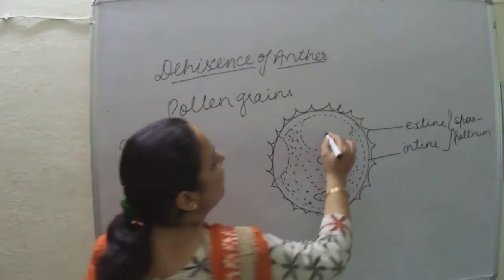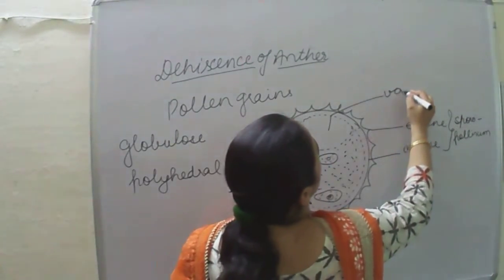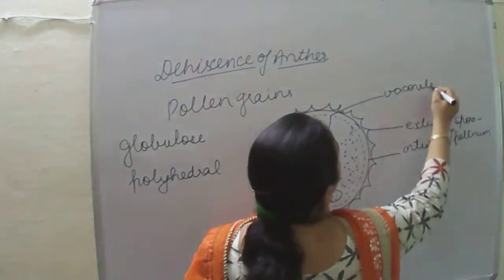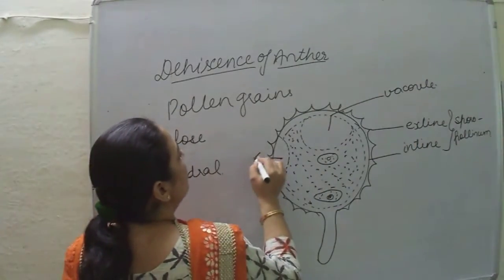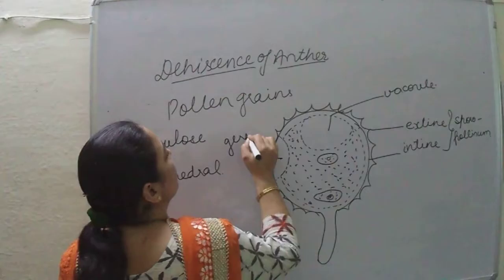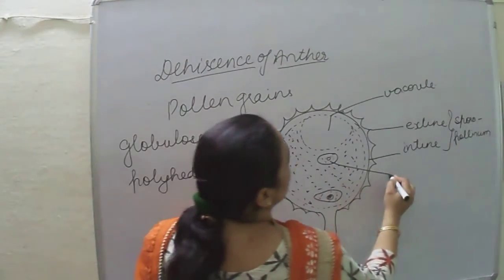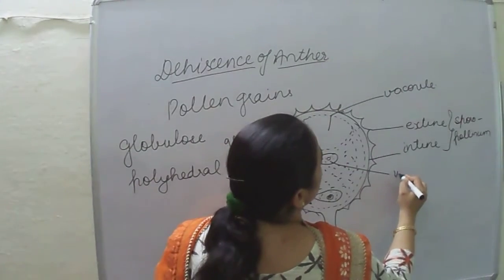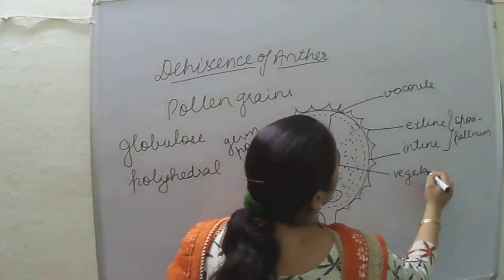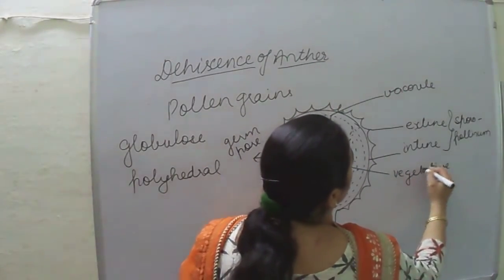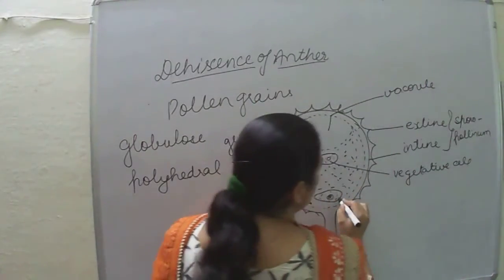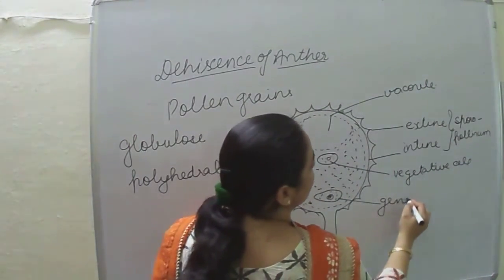Now, this is the vacuole. This is the germ pore. This is the vegetative cell. This is the generative cell.